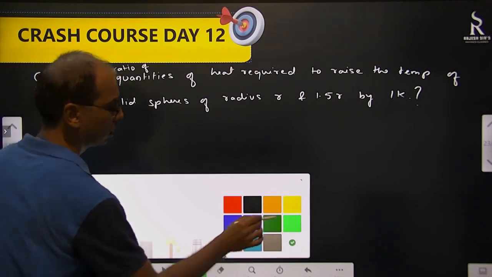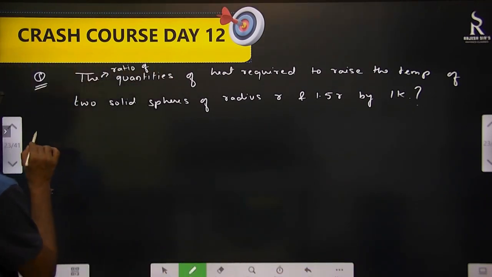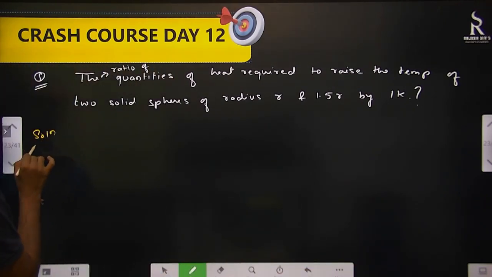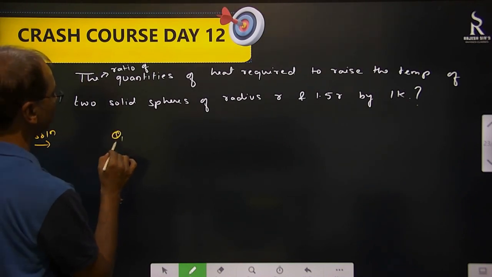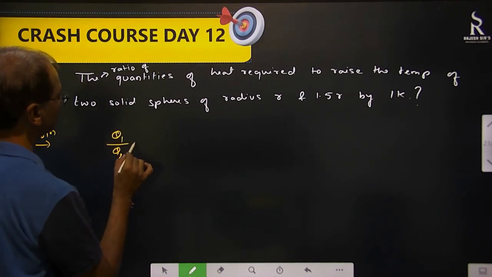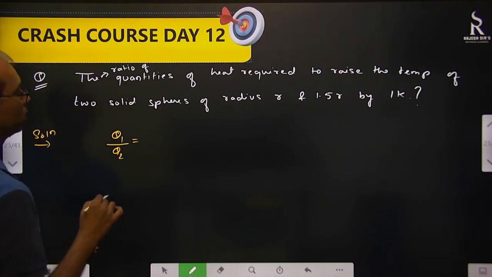See what we have to do. These two solid spheres are there and their temperature we have to raise. So, quantity of heat required. So, you say Q1 by Q2 you have to find. Now, Q1 by Q2 is what?